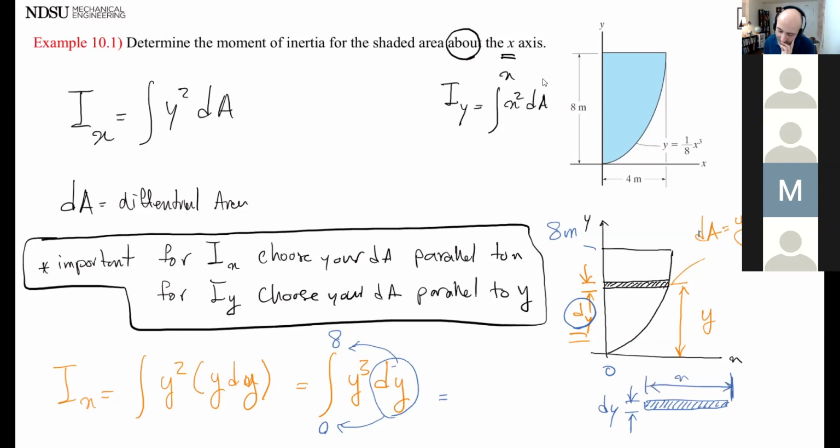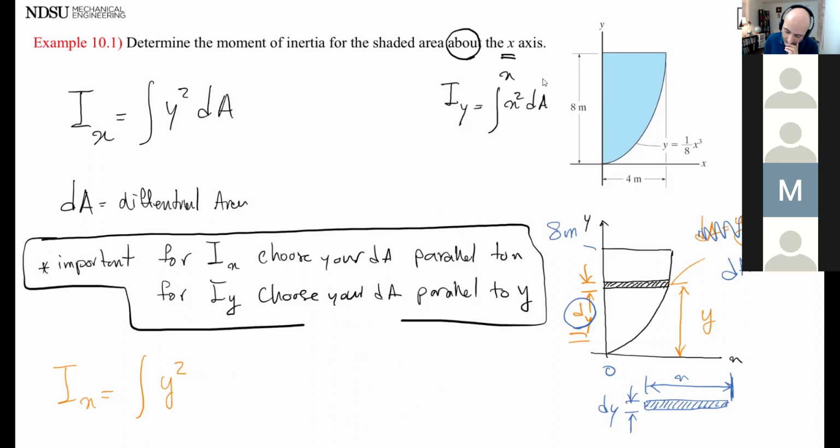That's my mistake right there. My dA is width multiplied by length, so it's x dy. There we go. Sorry about that.